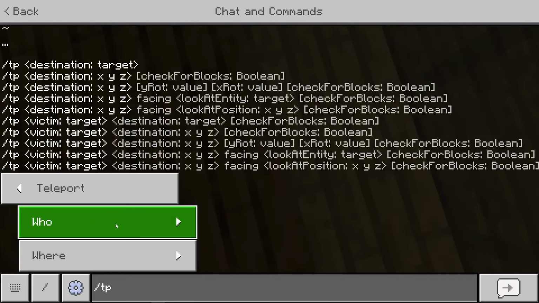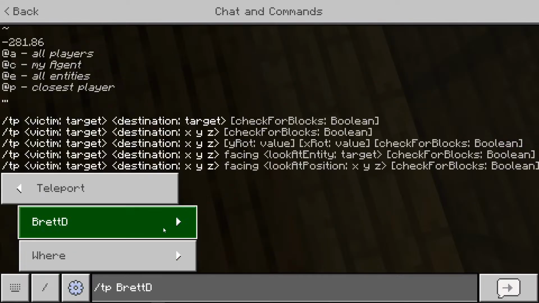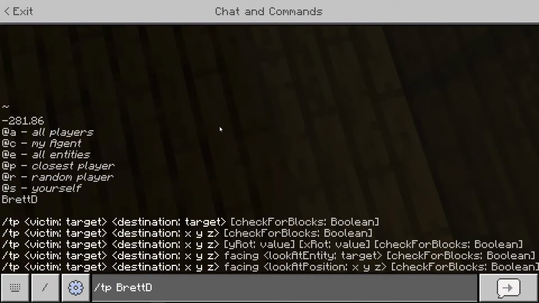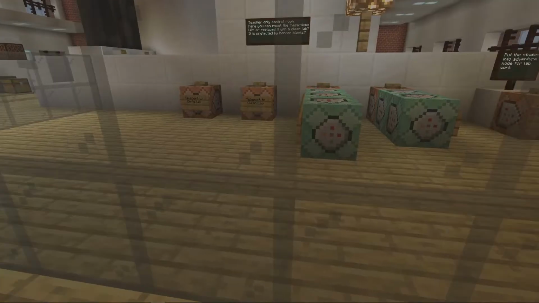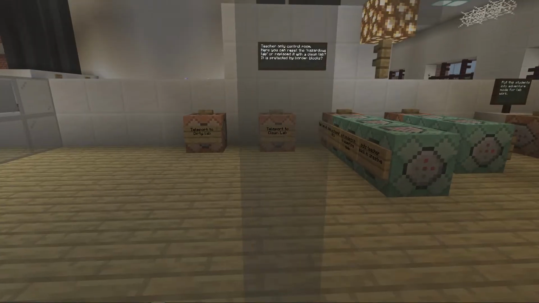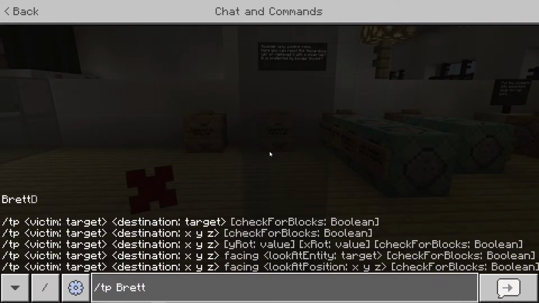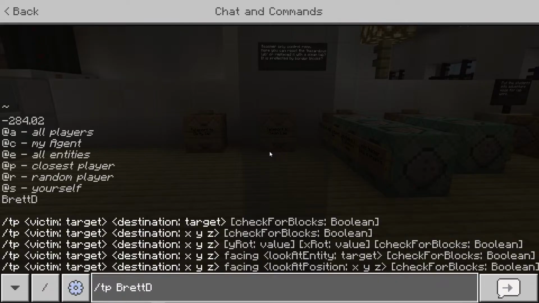Teleport me. Oh, there we go. Okay, so now we need to put in where. It'd be great if they had a current location plus 1 or something. So we want to go.